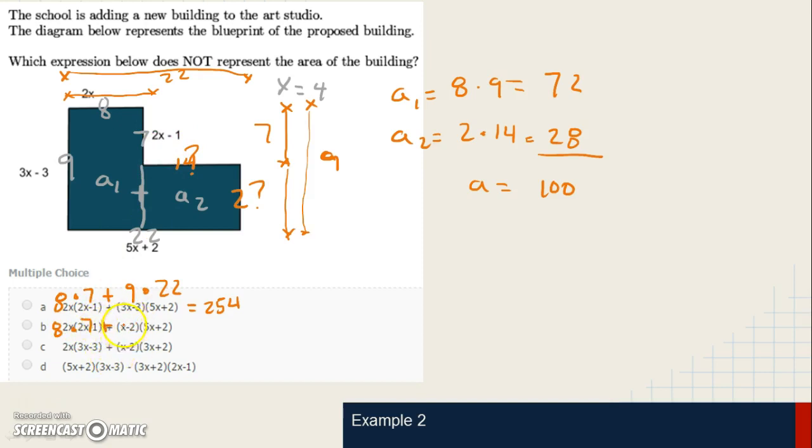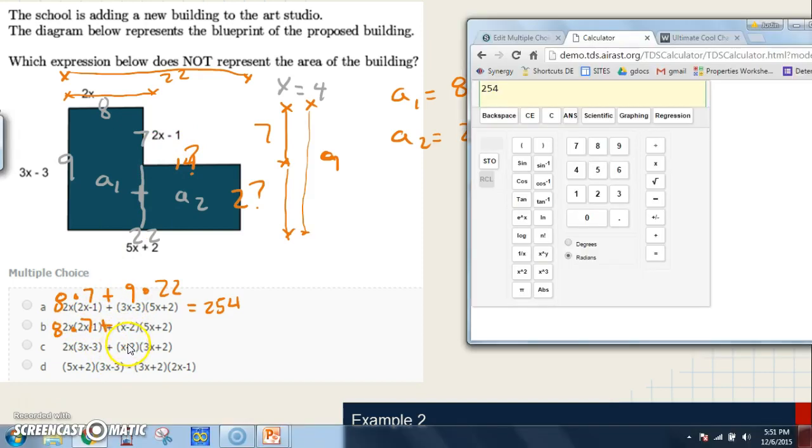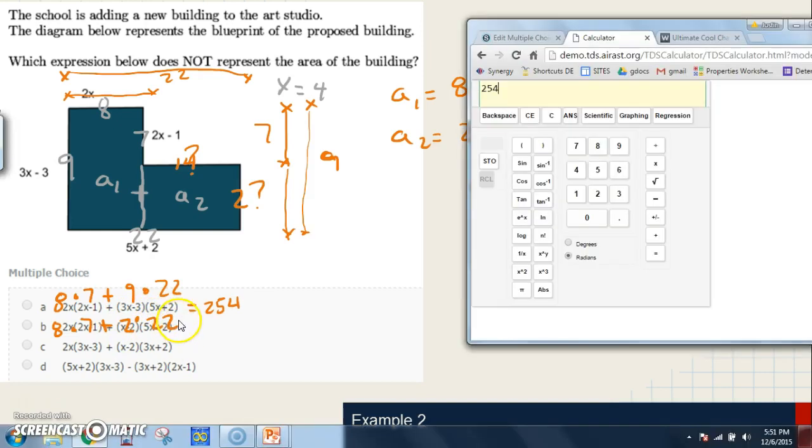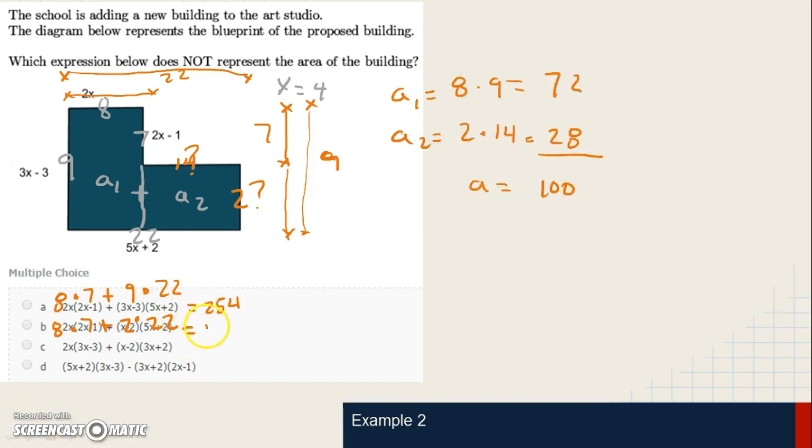Plus x minus 2, that was not given to us, so 4 minus 2, I don't need to use the calculator for that. That's 2 times 5x plus 2, which was 22. So we've got 8 times 7 plus 2 times 22. And that gives us 100.